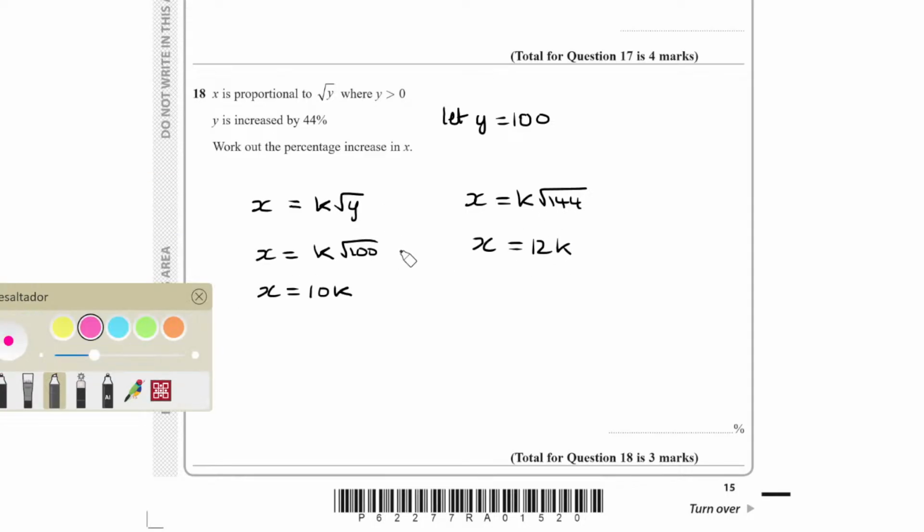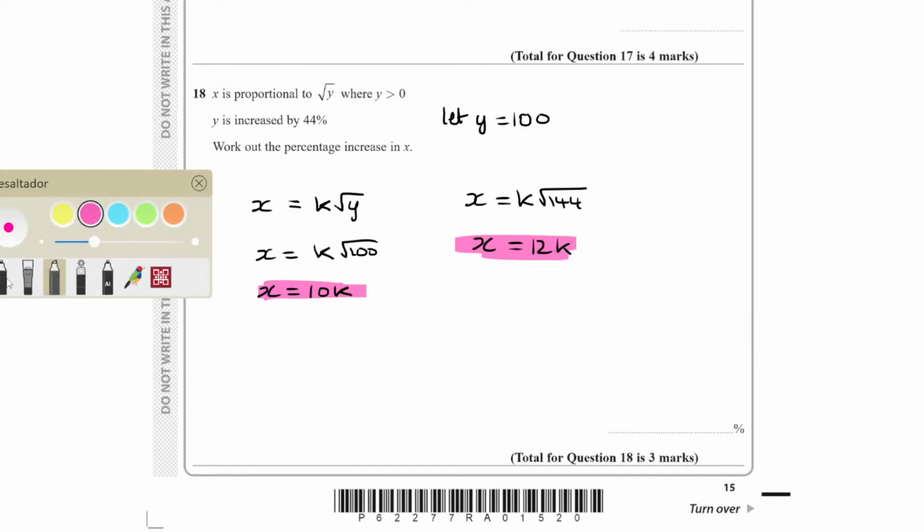This is why I chose 100, right? Because increasing by 44% is easy. It's going to be 144, isn't it? Which is why I was saying they chose the number deliberately, because that's also luckily a square number. So then I worked out what that would be. Well, that would be 12k. And then just compare them.